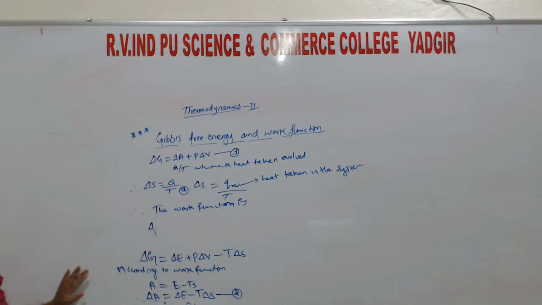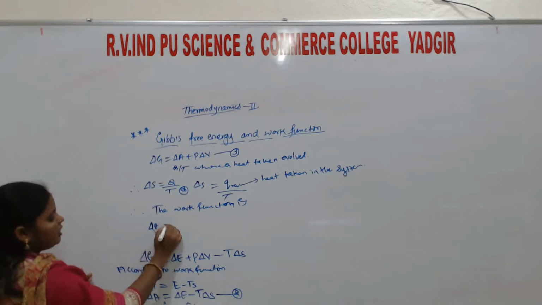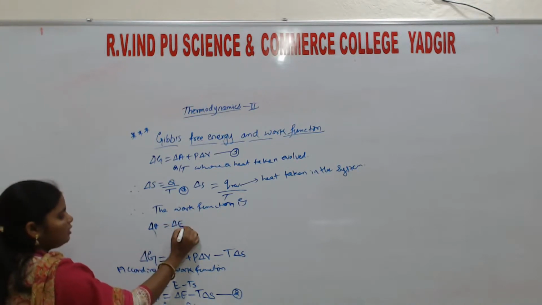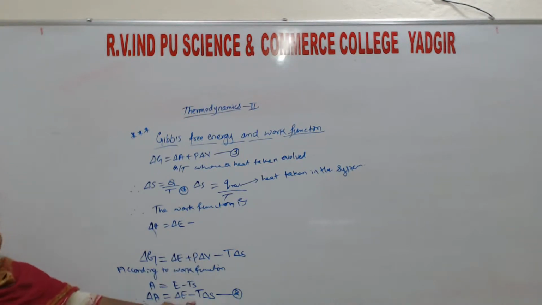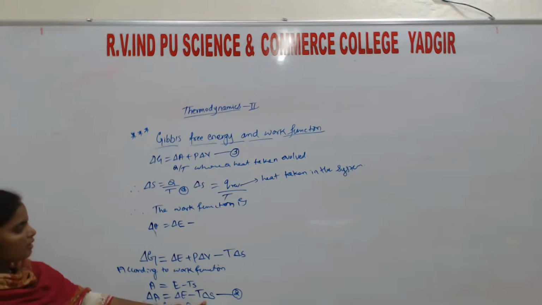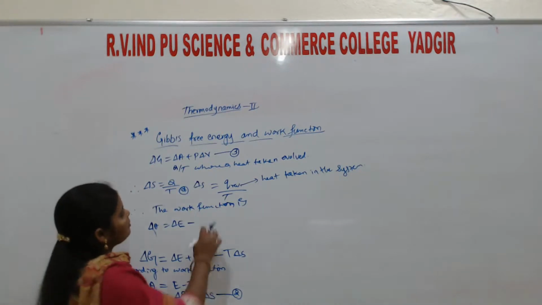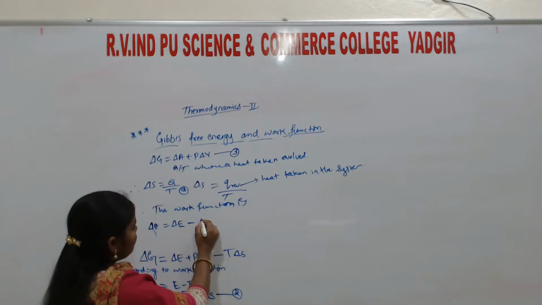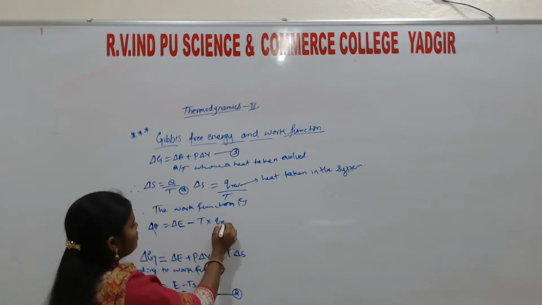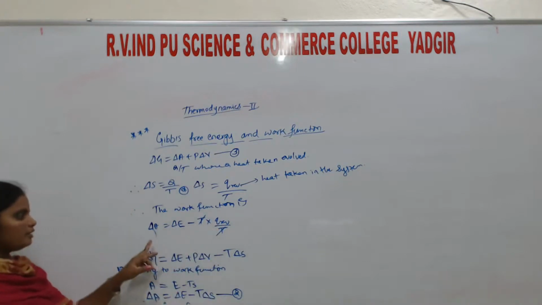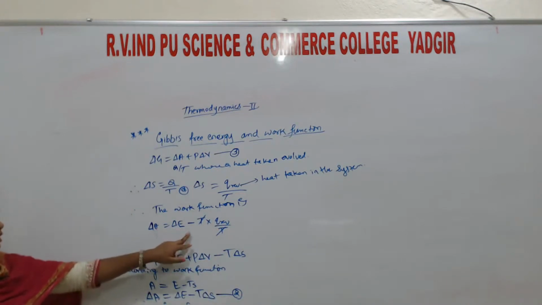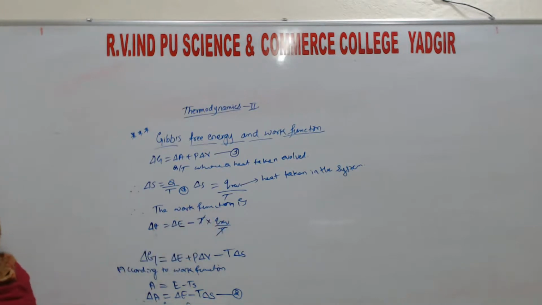Change in entropy is Q by T, so substituting it, T into Q reversible divided by T. Here this T and this T cancel, and the remaining is delta A equals delta E minus Q reversible.